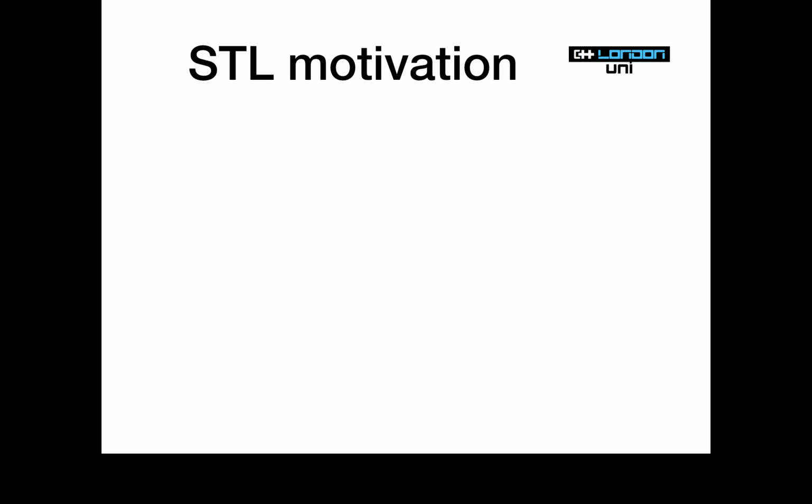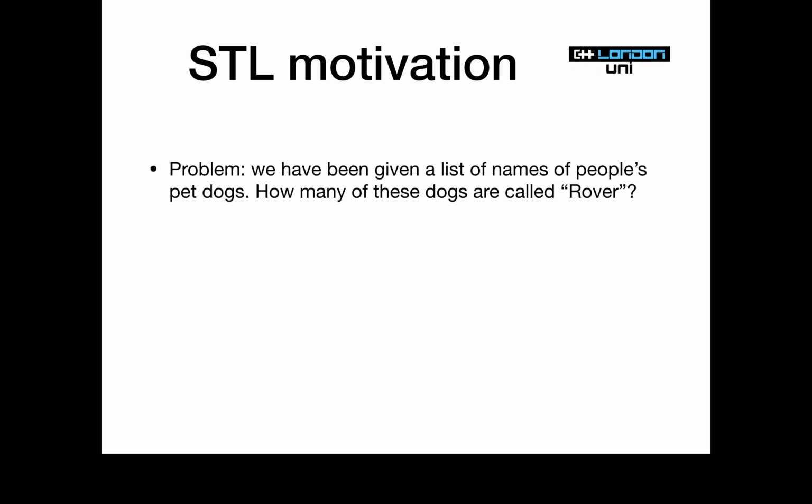So now let's have a look at another problem. A list of dog names. How many people were really boring and unoriginal and called their dog Rover? This time we've got a vector of strings. So how do you think we solve this?